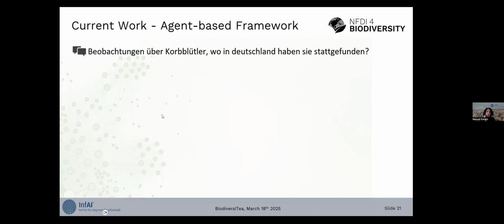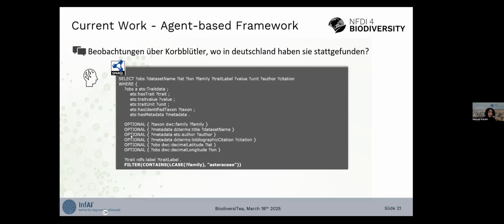So as an example, I show here one that is in German, asking for observations for a specific species in Germany. And the first agent generated the SPARQL query to concentrate on this specific family of species.